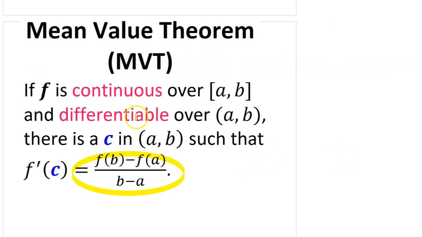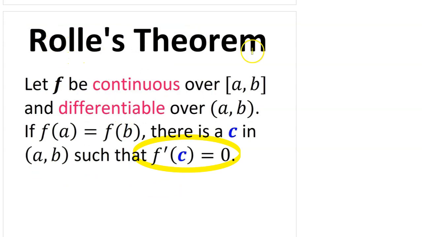The mean value theorem tells us whether f prime at c will equal this average rate of change formula for some value of c. However, it is Rolle's theorem that states that f prime at c will equal 0 for some value of c, provided certain preconditions are met. So let's shoot for Rolle's theorem, but first we must establish that the preconditions have been met.